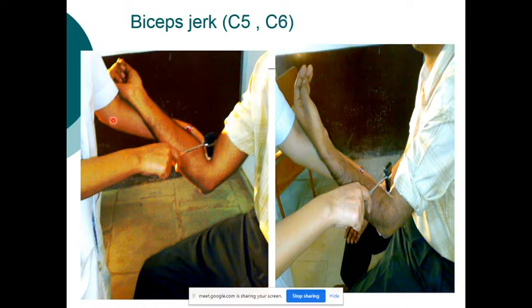The patient's hand has to be comfortably resting on the examiner's hand. If the patient's hand is not supported like this, you are not going to get the reflex. The patient's entire hand weight should be on your hand.